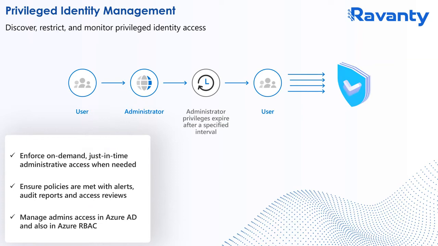They're performing it one time, and then they don't need to do it again. So rather than provide them permanent access, you can use Privileged Identity Management to enforce on-demand, just-in-time access, where a user is able to elevate their account when they need to perform a specific admin role. Once they're completed with that task, the role is immediately removed from their account, depending on, of course, how the role is configured.